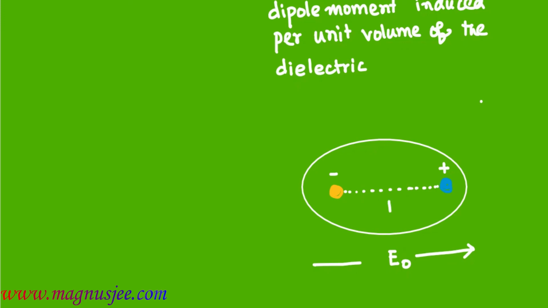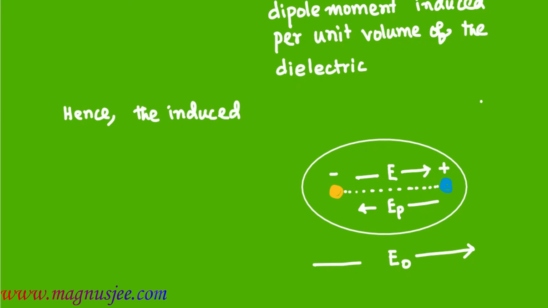In this case, they are separated, and an electric field will be acting from the center of positive charge to the center of negative charge. The effective electric field intensity is E, which acts towards right, in the direction of the applied electric field, and the electric field intensity acting in the opposite direction of the external electric field E0, that is EP, is due to the dielectric polarization capital P.